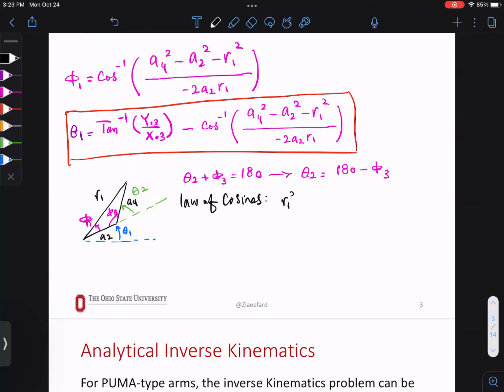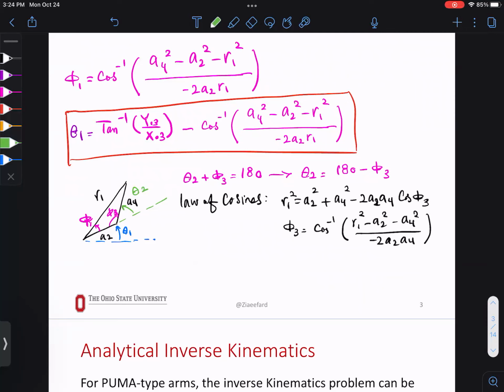I know R1 squared is A2 squared plus A4 squared minus 2 A2 A4 cosine of phi3. So phi3 is cosine inverse of (A2 squared plus A4 squared minus R1 squared) over 2 A2 A4. Great. Well, that's it.